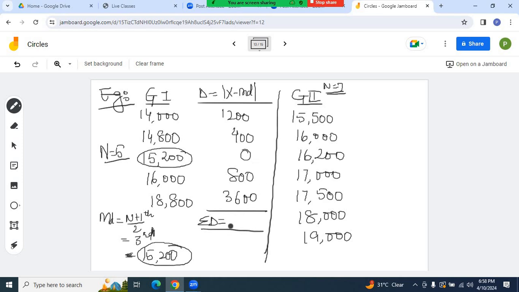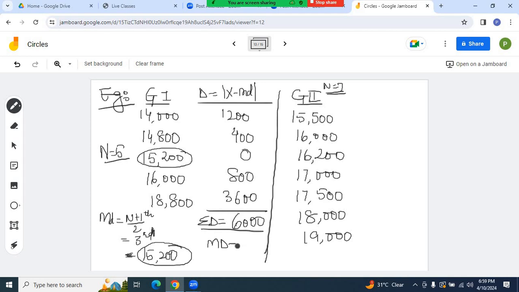If I add all these numbers, I'll get 6,000. Sum of deviations will be 6,000. Now I'll put in the formula.